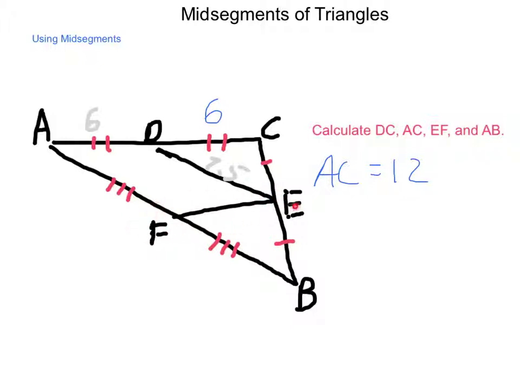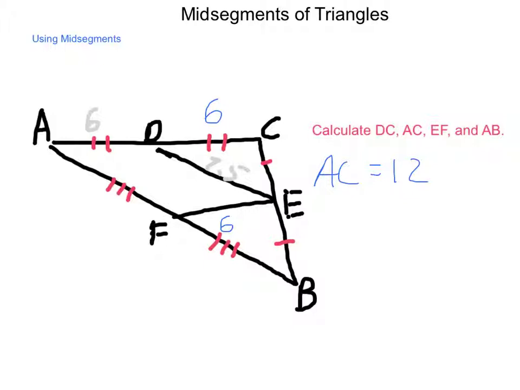It's the midsegment connecting BC and AB, which means that it is parallel to AC, and according to our theorem, it is also half the length of AC. So, EF would have to be 6 as well, because it is half of AC, is congruent to each of the bisected pieces, AD or DC.